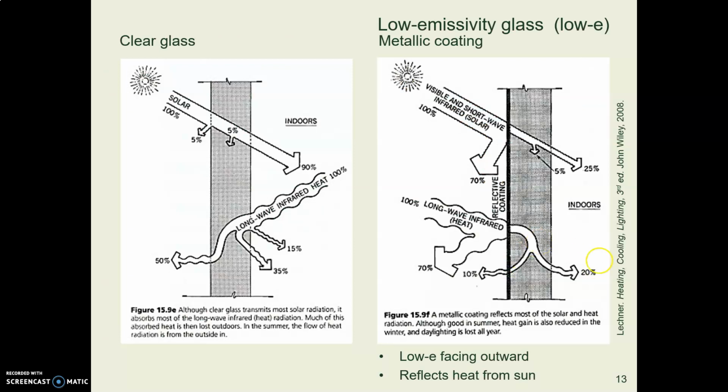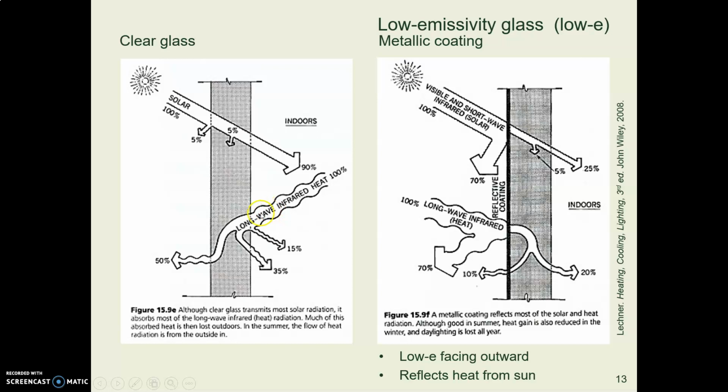And here in this black and white diagram, on the left is a diagram of a plain glass window. So sunlight comes in from outside and gets through the glass. Most of it gets through. And then inside you have radiant terrestrial radiation given off by you and your computer and your furniture and everything.